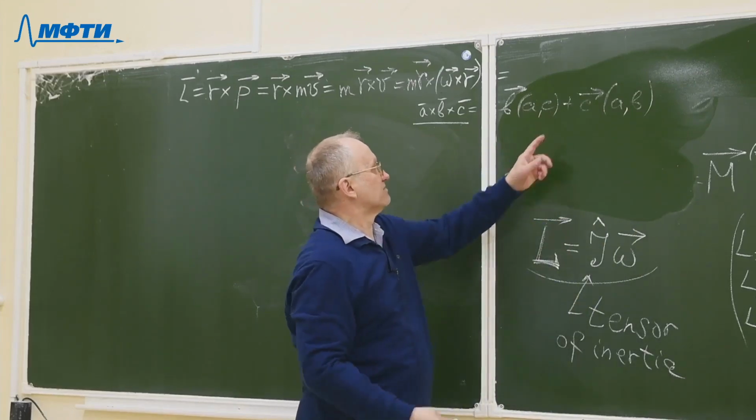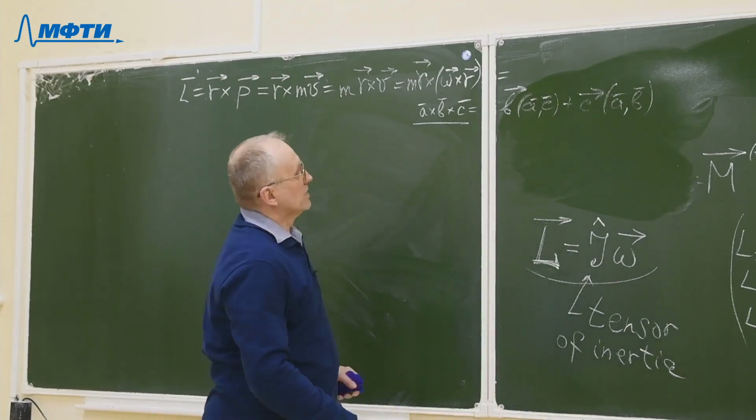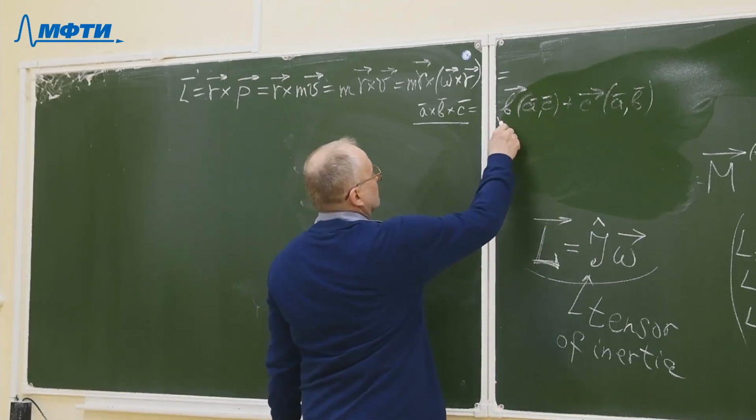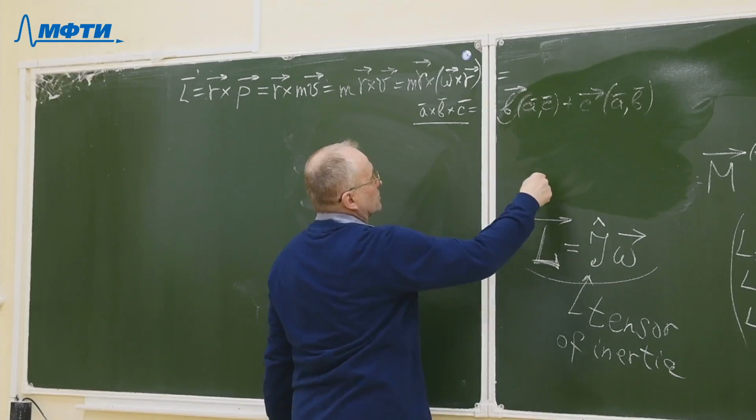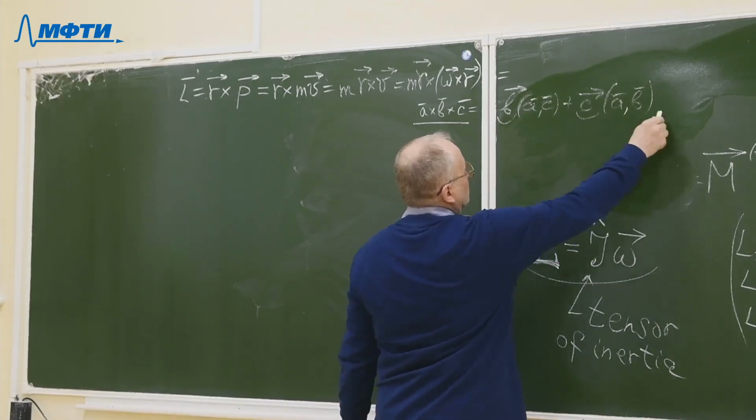Certainly these are vectors. You may use vector notation here. But the important thing is that this vector describes the direction of the first term, and this vector is responsible for the direction of the second term.